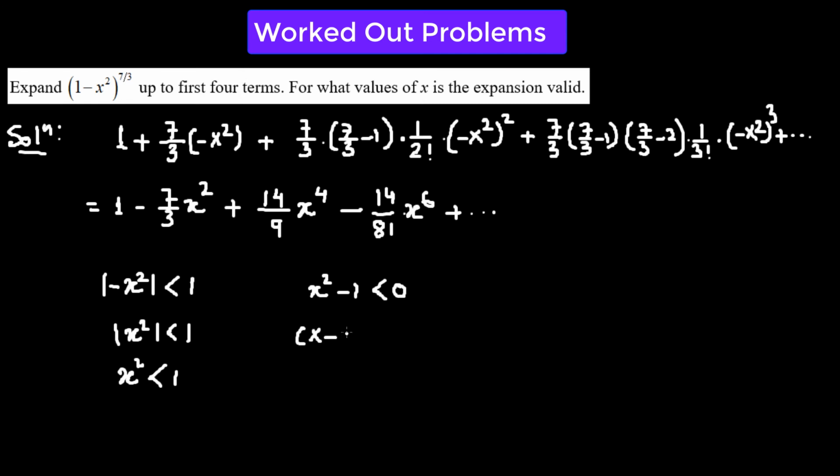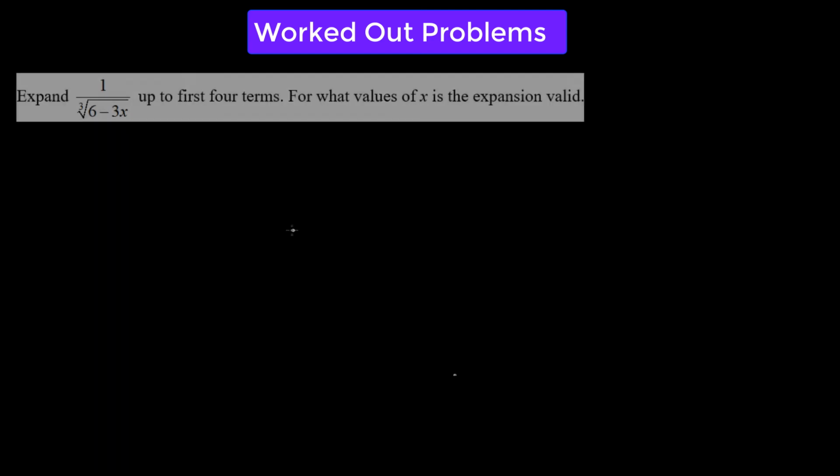We apply the identity, we get (x minus 1) times (x plus 1) is less than 0. So we have x lying between negative 1 and positive 1, or we can say that the absolute value of x is going to be less than 1. So this is the condition. Any values lying between negative 1 and 1 will make the expansion valid. Let's go to the next question.